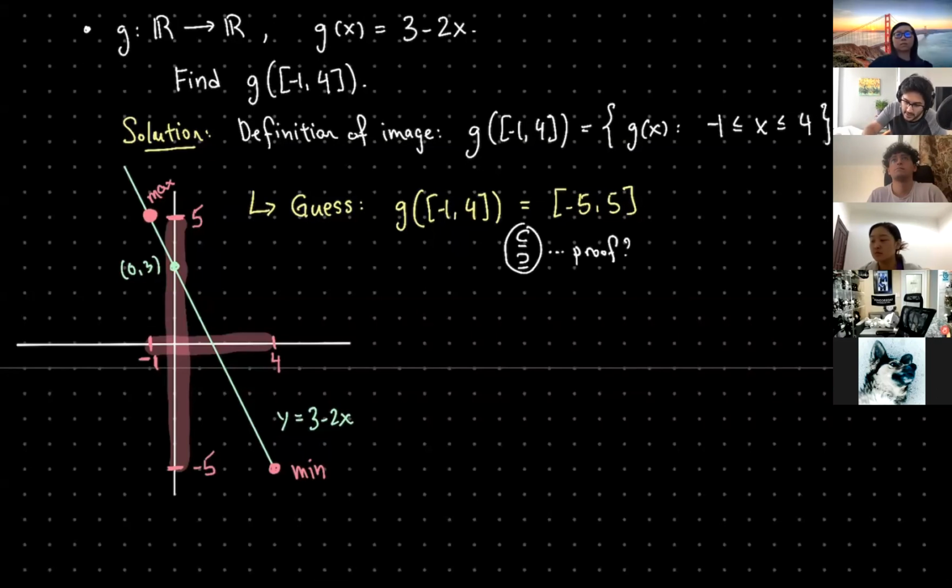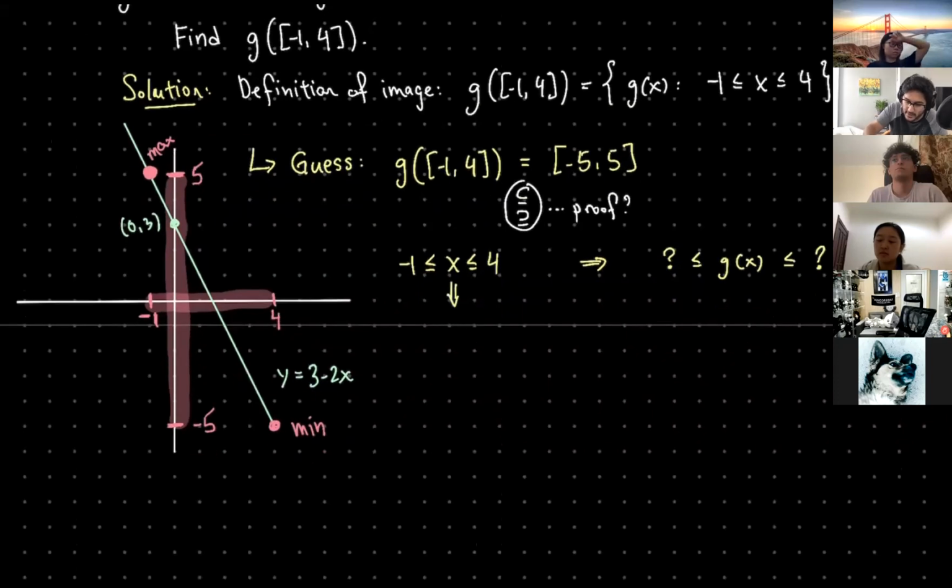I know that x is between -1 and 4. So let's try writing something down like that. And this is still maybe rough work, right? And then what I want to do is get a range or a possible output for g of x. And I think it's -5 to 5, but let's try.